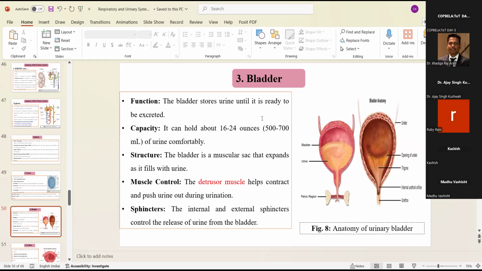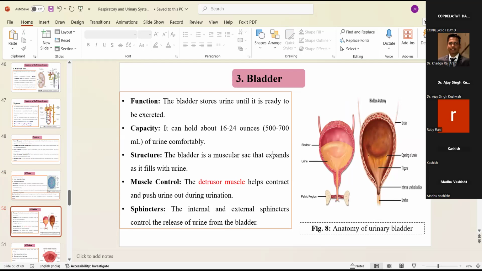Next part of the urinary system is the bladder. The function of the bladder is to store urine until it is ready to be excreted. The capacity of the bladder is around 500 to 700 ml, which is comfortable, but it depends on the situation.